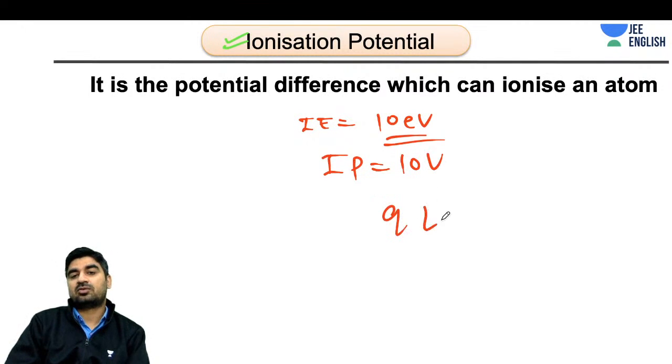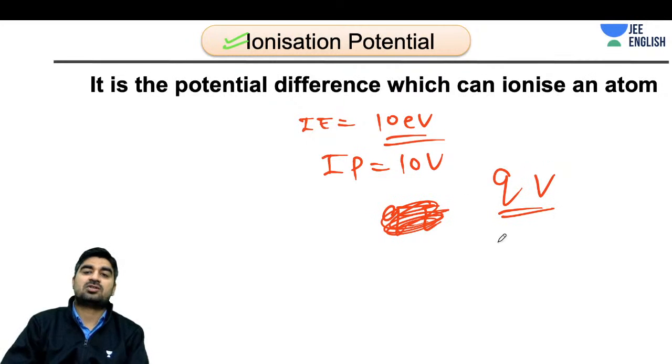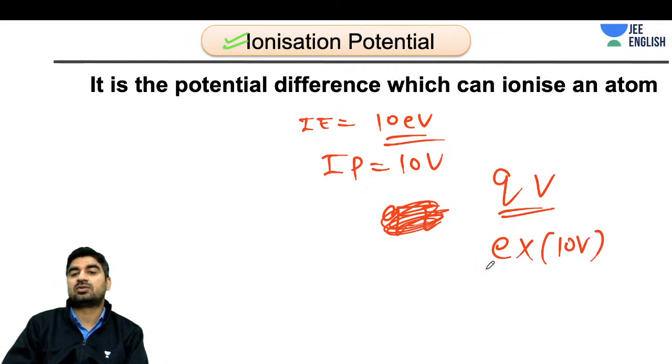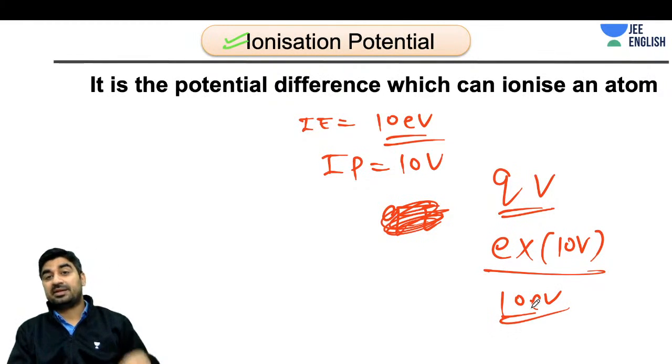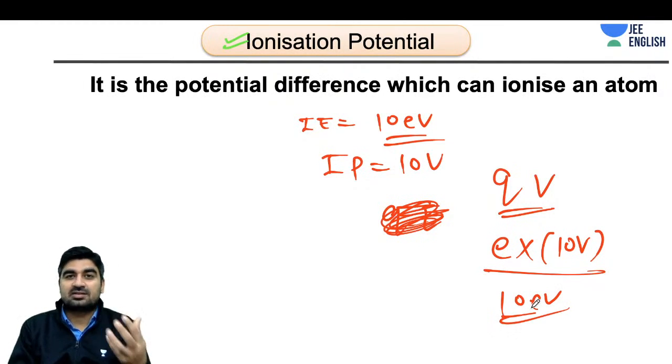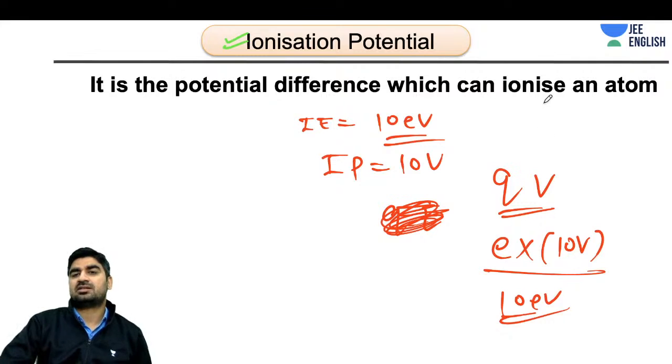Because how do you calculate the energy? Q into V. The charge on an electron is e, and if you place it in 10 volts, its energy will become 10 electron volt. So basically ionization energy and ionization potential have different units and they are different. If I'm saying ionization energy is 20 electron volts, then ionization potential will be 20 volt.